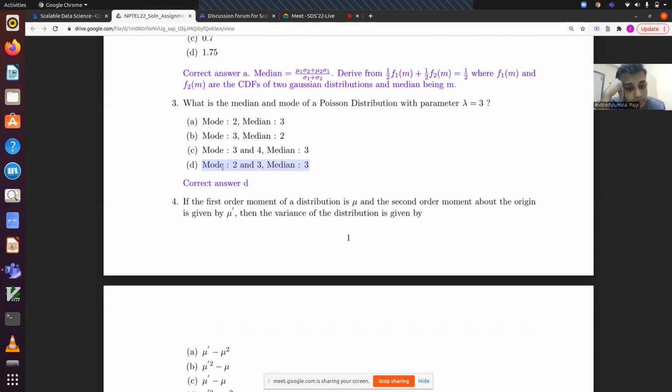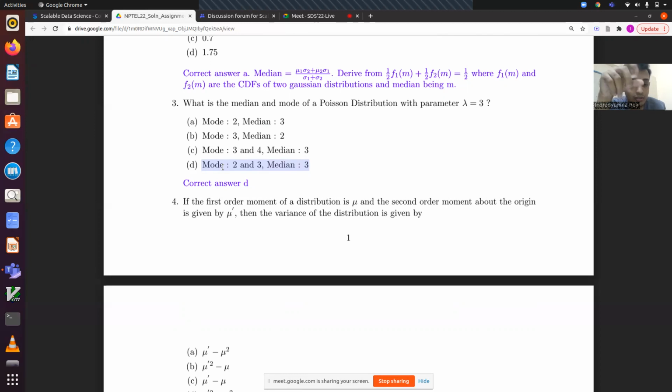The first one is e to the power minus 3. The second one is 3 e to the power minus 3. The third one is 3 by 2 e to the power minus 3, right? Just confirm once. 3 e to the power minus 3, 3 by 2 e to the power minus 3.